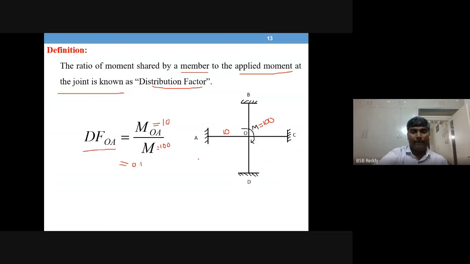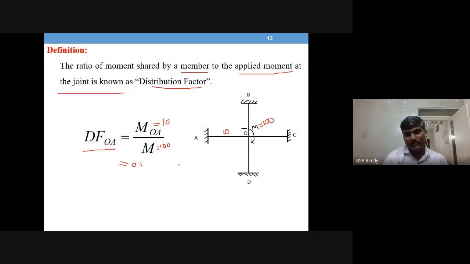Got it? 10 by 100. So if you apply a moment at a joint where a number of members are meeting, the distribution factor is defined as the ratio of the moment shared by a member to the applied moment.